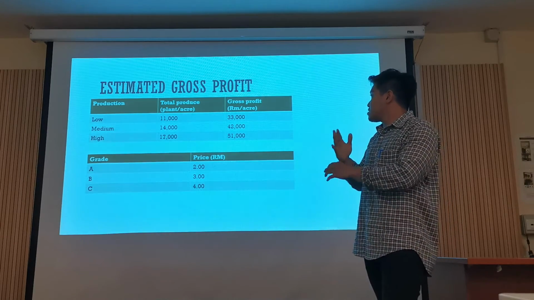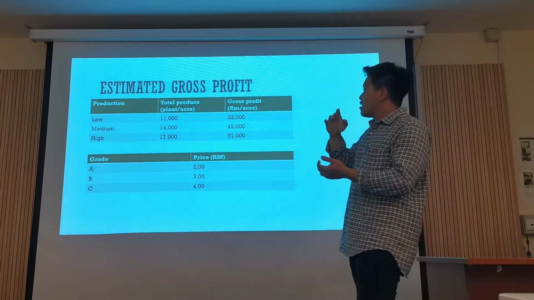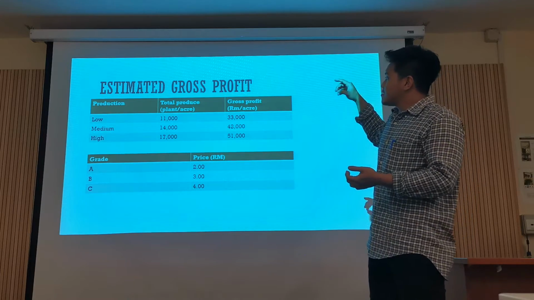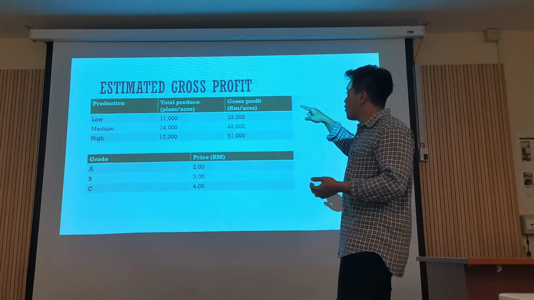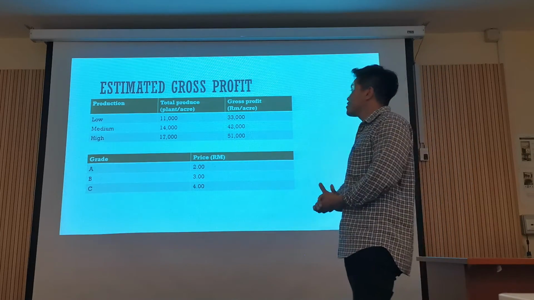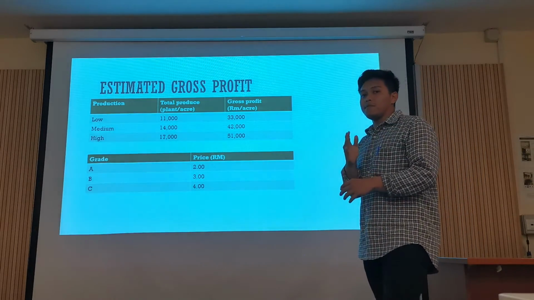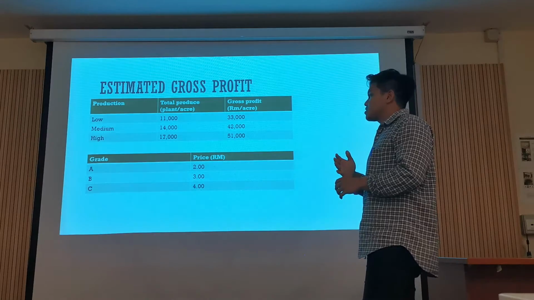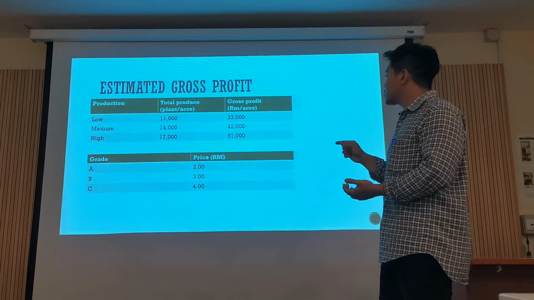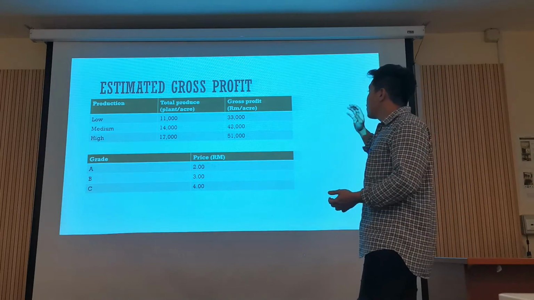I multiply that with 11,000 plants per acre, so for an acre we can get 33,000 if it is low production. If medium production, it can produce around 14,000 and get 42,000 ringgit gross profit.